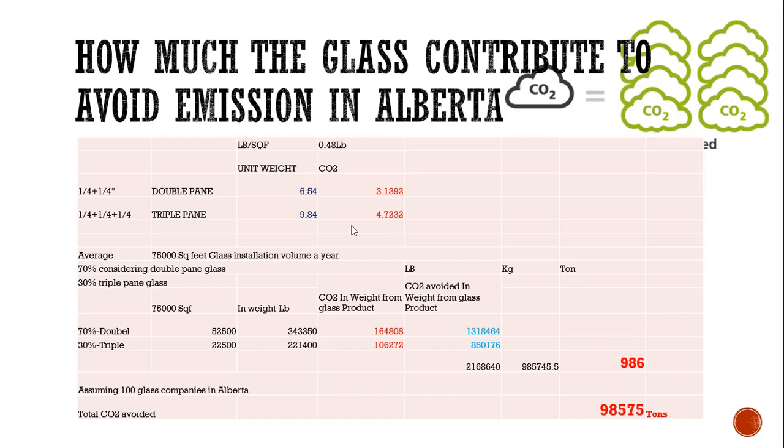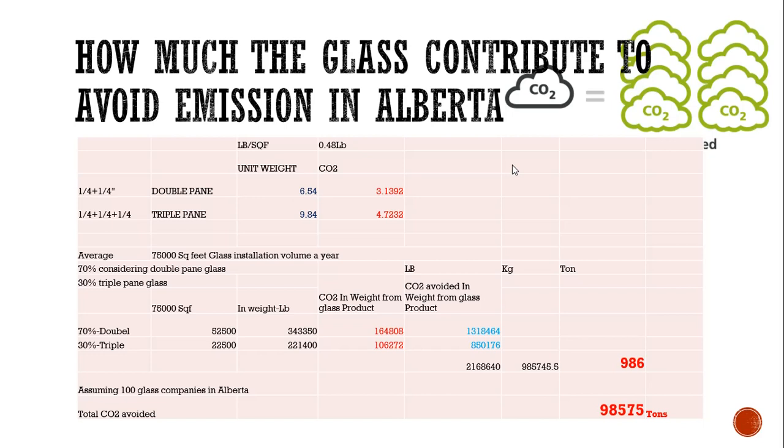So according to AGC Glass, for every pound of carbon dioxide we use to produce the glass, we avoid 8 times that amount of carbon released to the air.